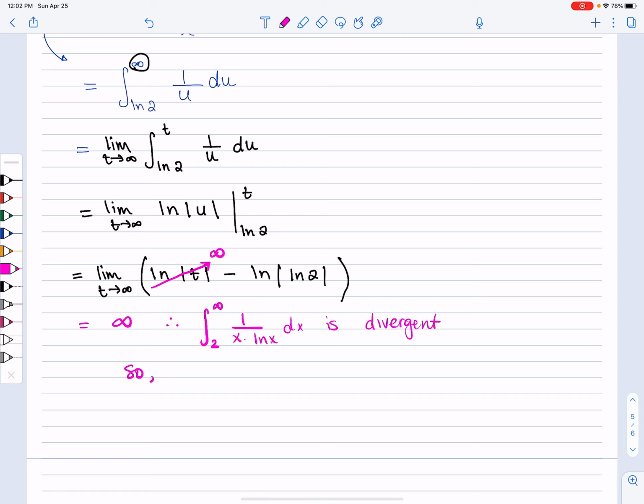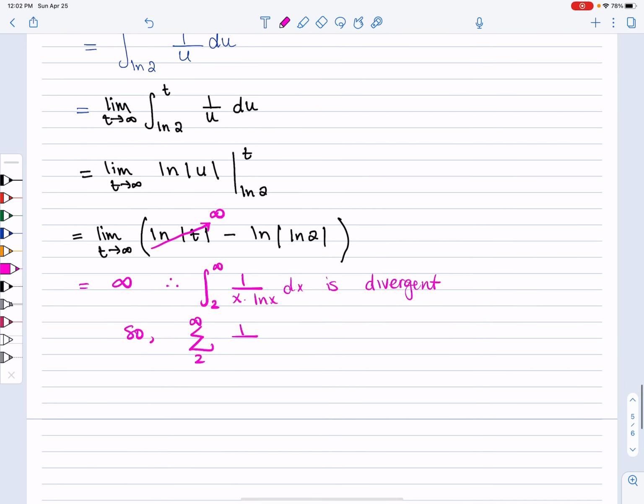So sigma as n goes from 2 to infinity of 1 over n times ln of n is divergent by the integral test.